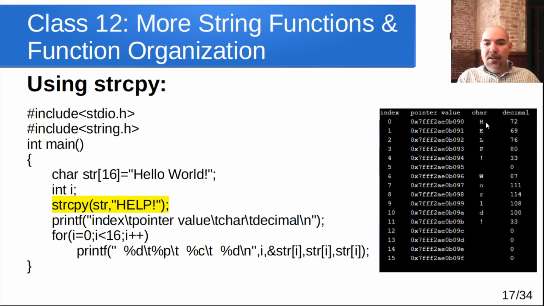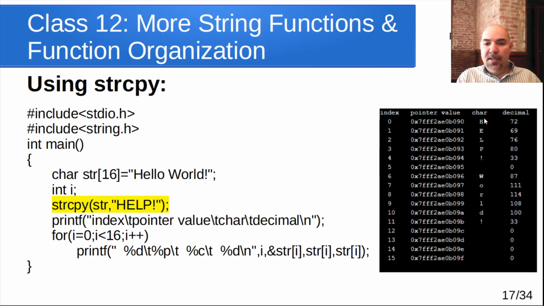So notice there is now the help, exclamation mark, with the null that was copied in. But notice the world part and the null was still in there. This doesn't completely erase everything that's in that whole thing, because how would it ever know how to? It basically just copies characters from this until it gets to the null, and it copies the null, then it stops.